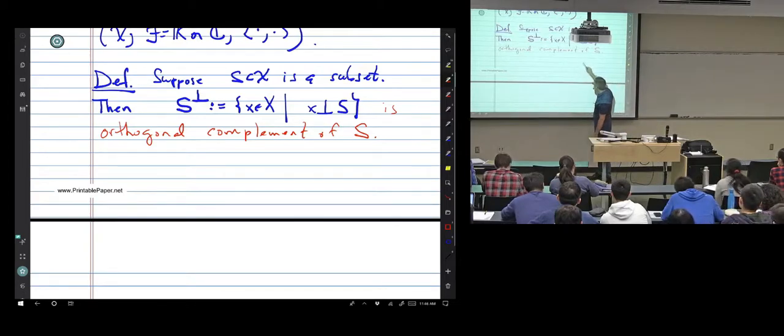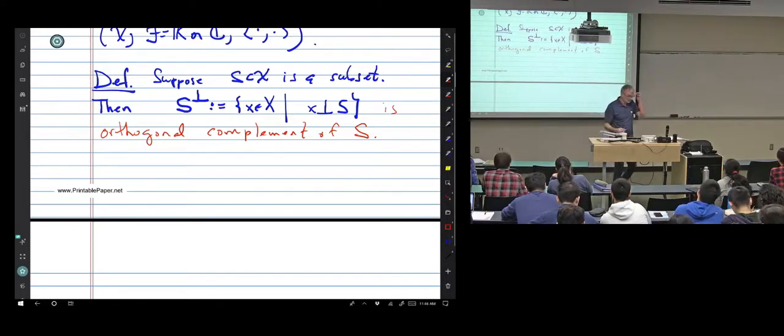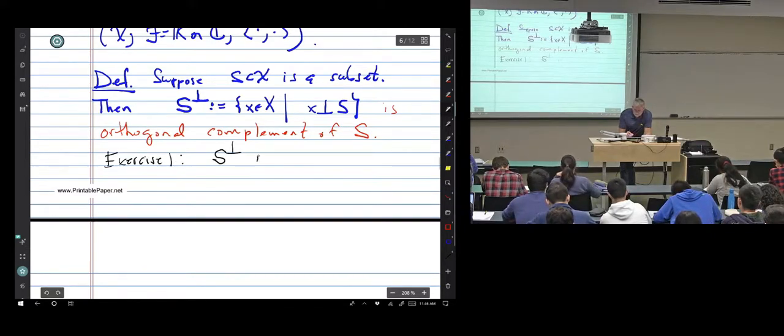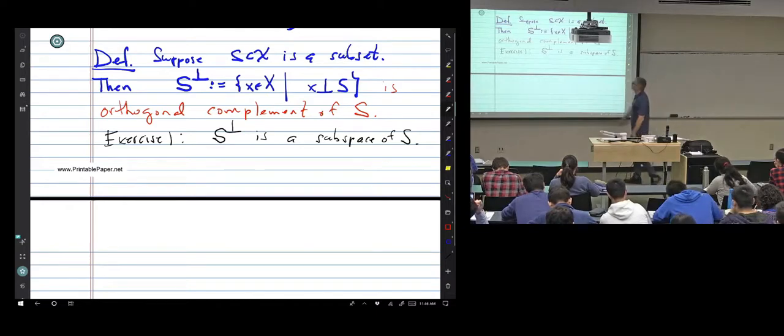Okay, so S might just be a ray, and this is everything orthogonal to it. Exercise 1. S perp is a subspace of X. So I don't care if S is a subspace or not, its orthogonal complement is always a subspace.